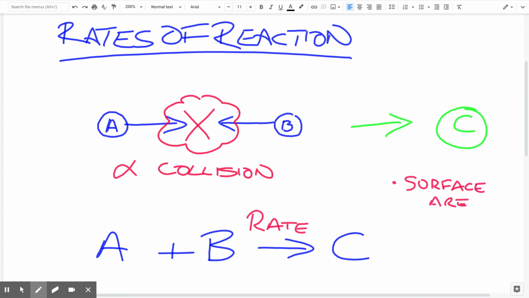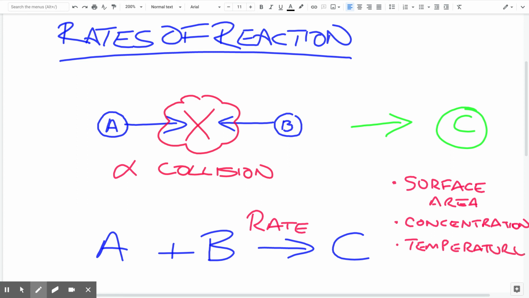We will then look at a solution reaction, so we'll look at the concentration effect of two solutions, and we'll use a potassium permanganate experiment for that one, and then we can change the temperature, so we can affect how hot a reaction will be.